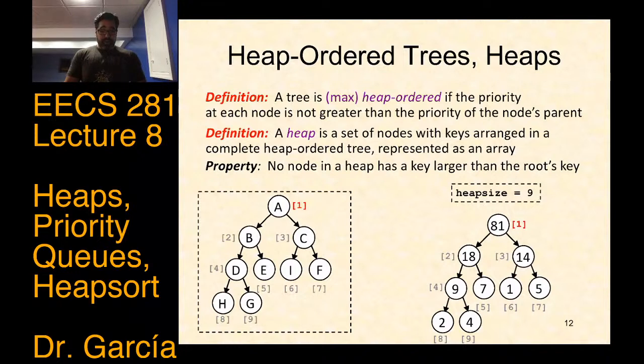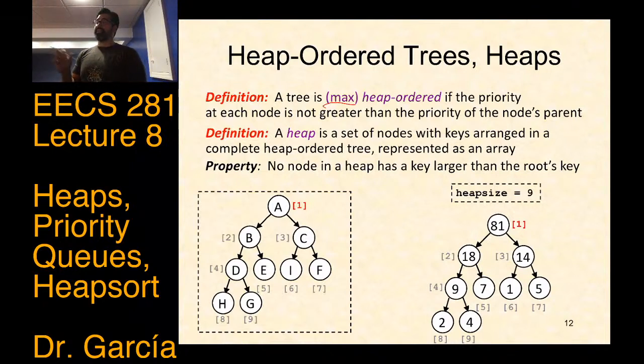All right, a complete binary tree is what we're going to use to represent a heap, but we also need to introduce what we call the heap ordering constraint. If a tree is heap ordered, and here in parentheses you see that we have max, that is because you can have max heaps and you can have min heaps.